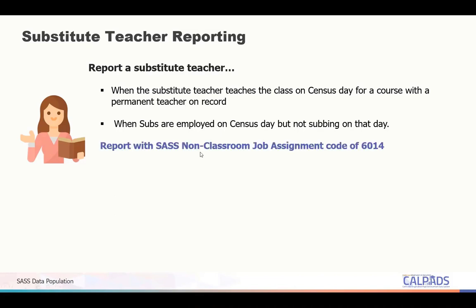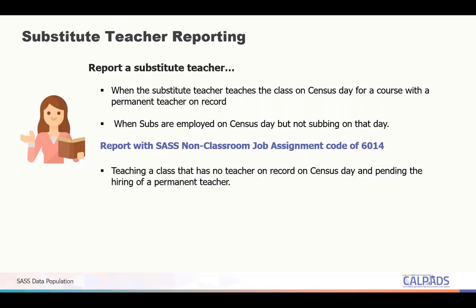In these two scenarios, you report the staff member with a staff assignment record with a corresponding job classification of 12, 26, or 27, and a non-classroom job assignment code of 6014, which is day-to-day substitute teacher.